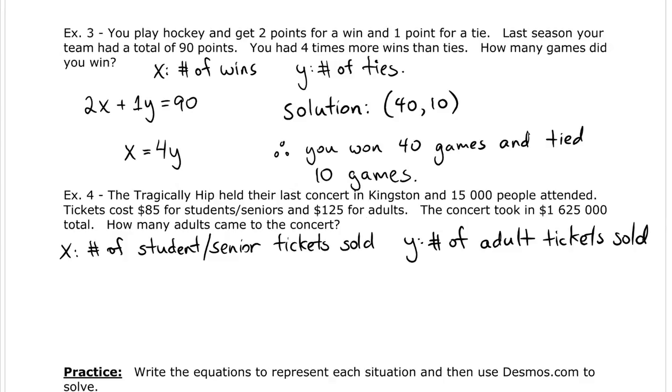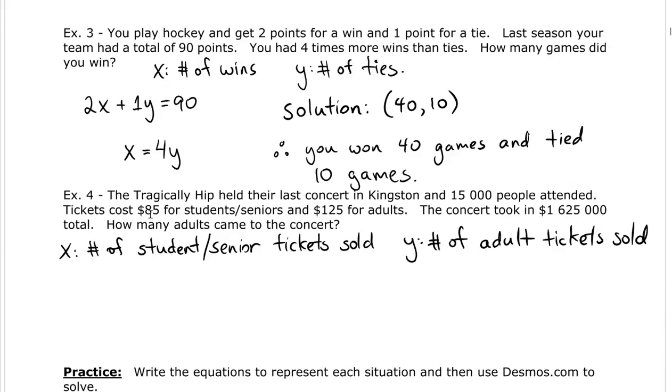Okay, let's create our equations based on the information given. We have two kinds of equations to make. One for the number of people attending the concert, and the other from the total amount of money made from selling tickets. Let's focus on the money first.